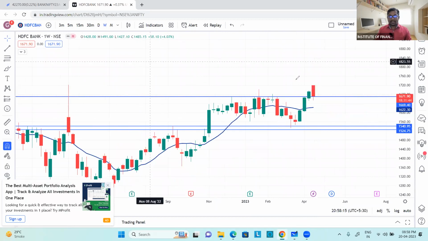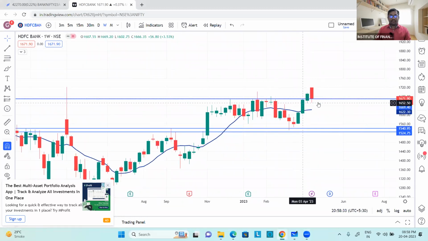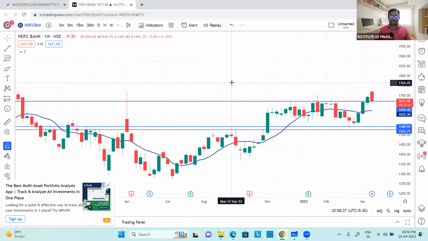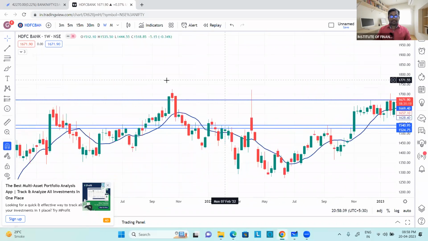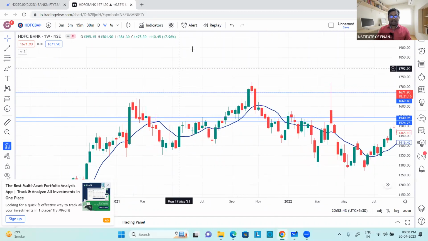It stepped out of the resistance and again immediately is trying to step inside the resistance. No, it is not a very bearish engulfing. Dark cloud cover. This is the pattern we were discussing right now.